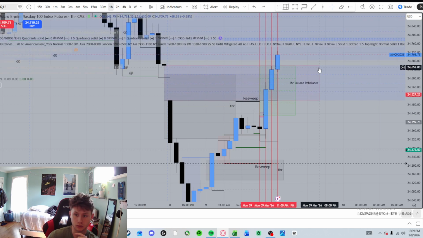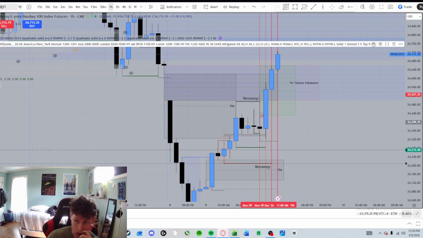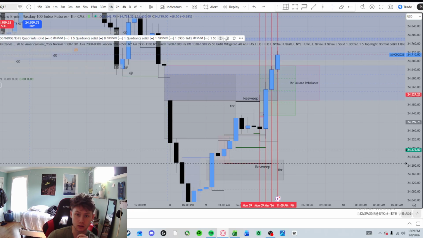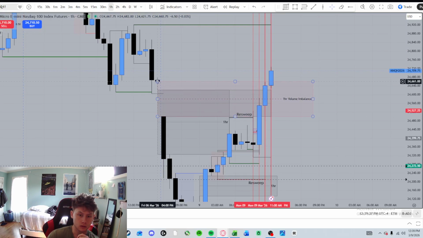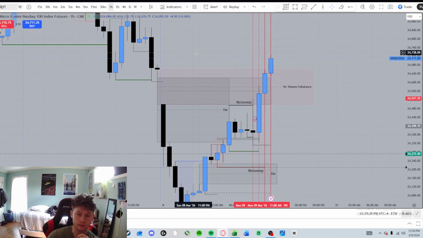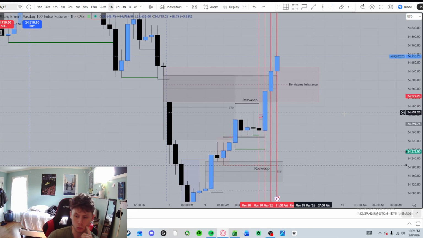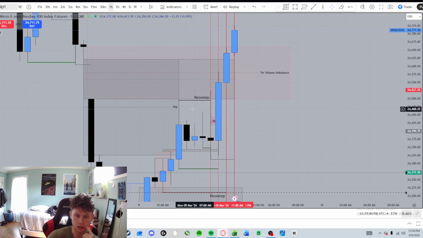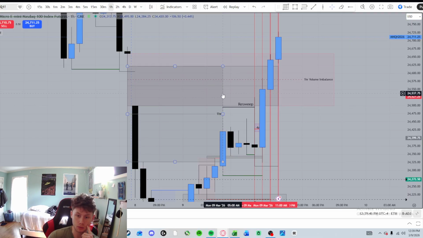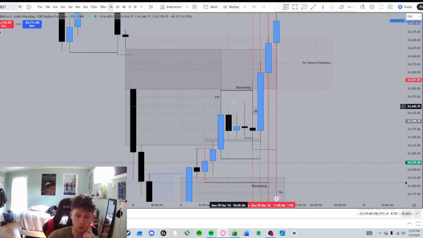The new week opening gap, if you don't know, is the gap between Friday's close and Monday's open. The high was not up in this gap. It was in the 1 hour fair value gap right below the gap.